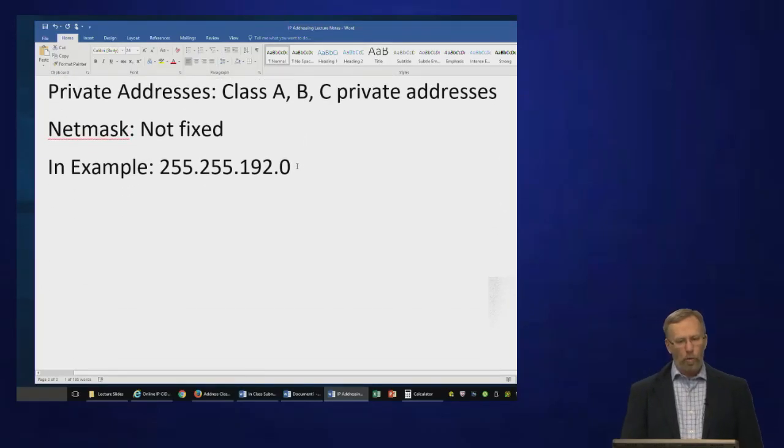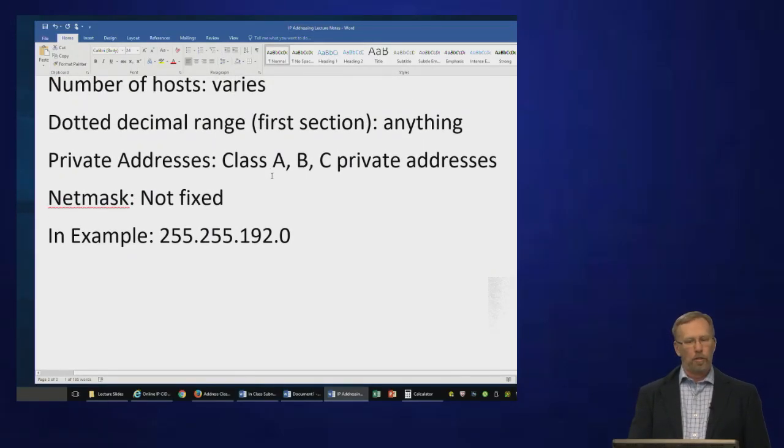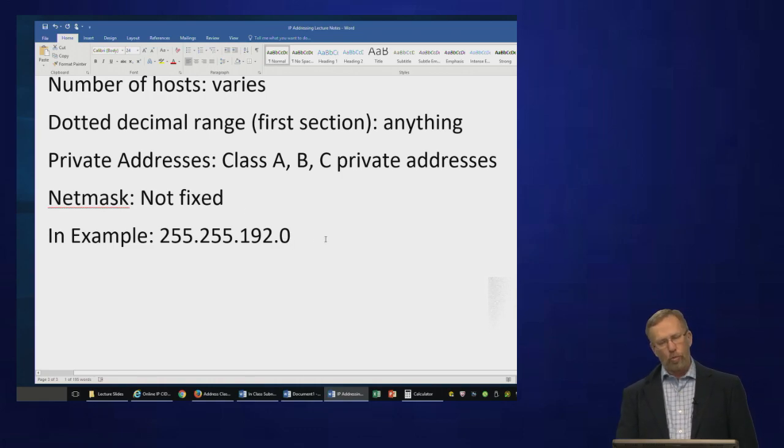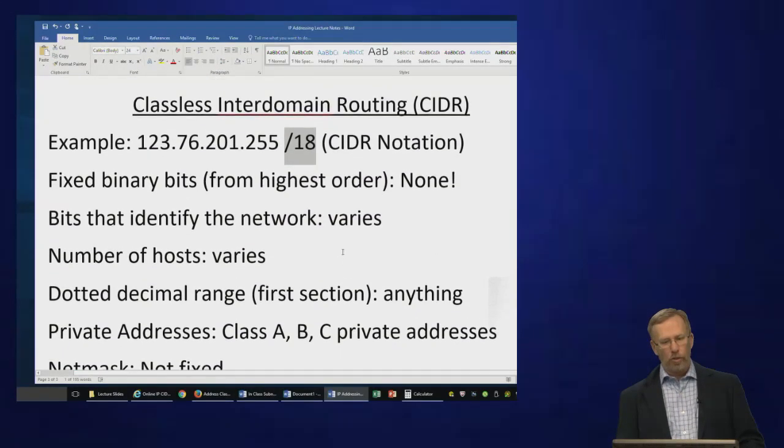And so this is what we use now to assign the amount of addresses we need. So typically what will happen is when you go to an ISP and say, I need to lease some IP addresses, they're going to give you an IP address with a slash number that identifies your network range.